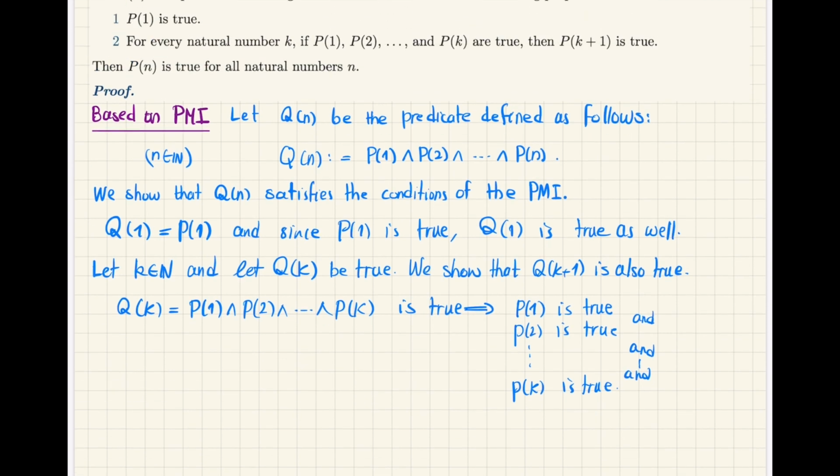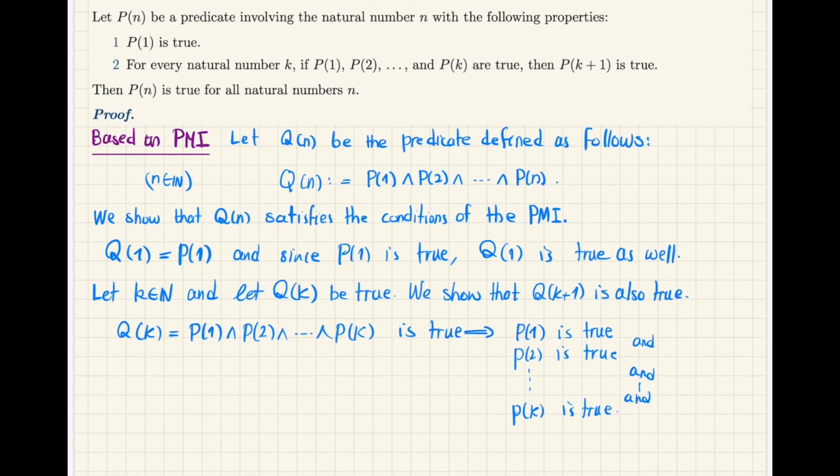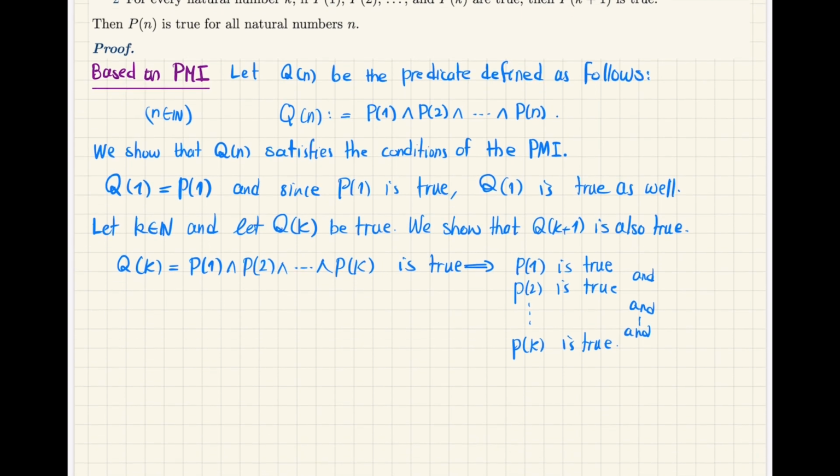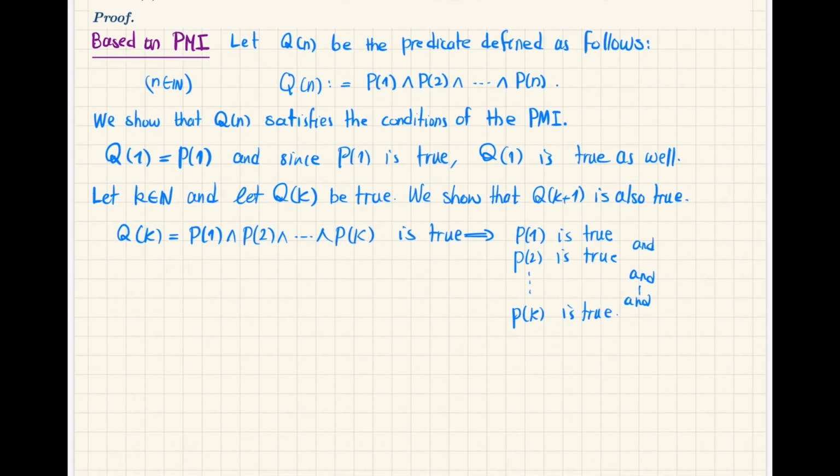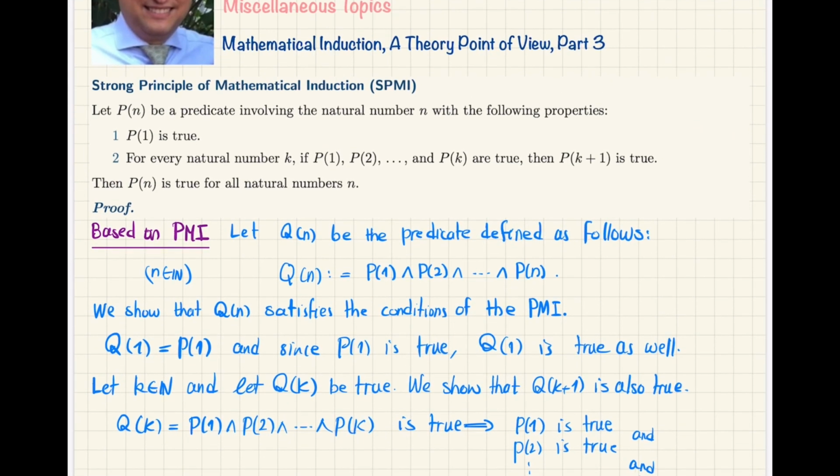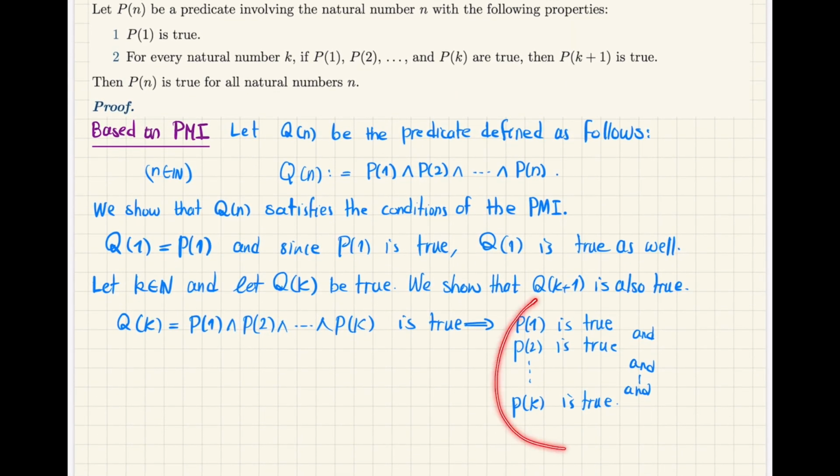But now look here. This predicate has this property that if P of 1, P of 2, up to P of k are all true, you can conclude that P of k plus 1 is also true. So therefore, this is exactly happening here. P of 1, P of 2, up to P of k are all true.